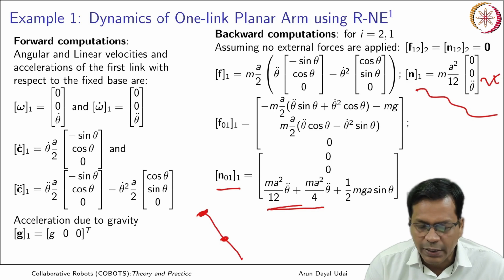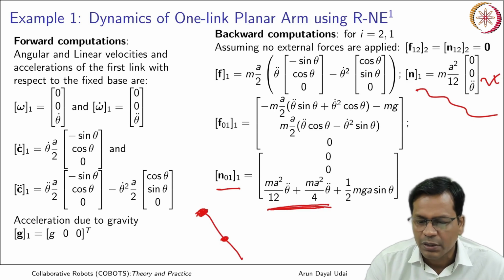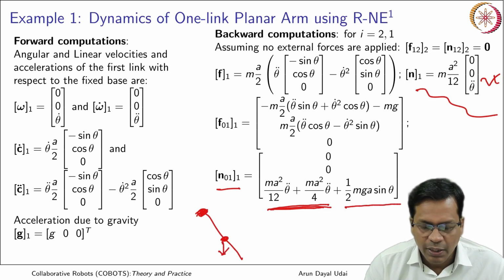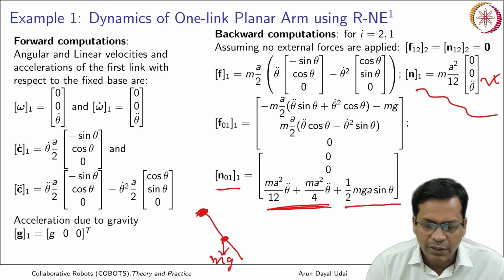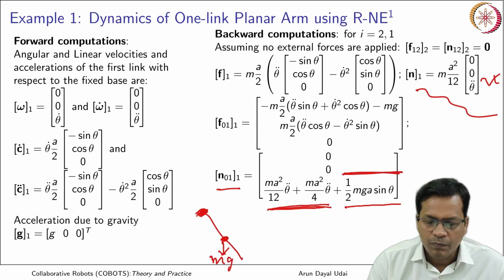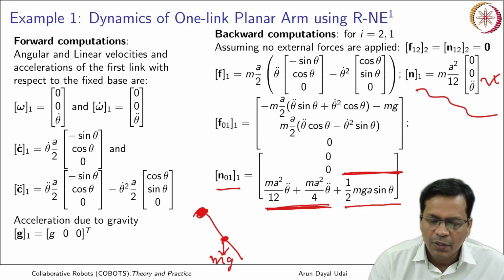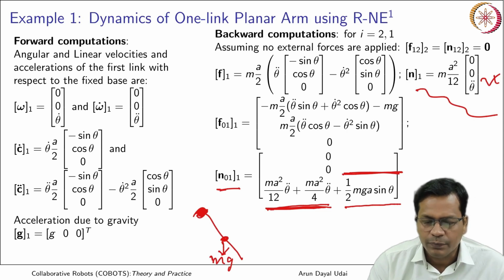So the moment of inertia gets transformed, and you also see the moment due to mg into a sin theta, half of that, because it is at the center. This is the moment due to the center of gravity, that is the gravitational force, and the moment of inertia gets transformed to the joint rotation axis, with theta double dot.